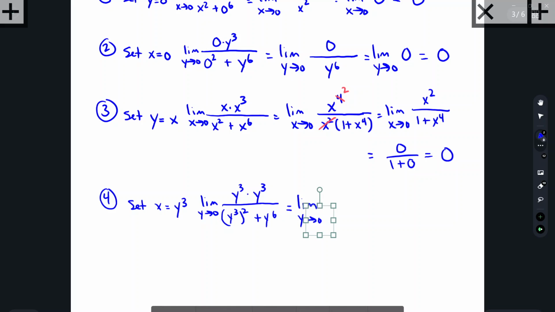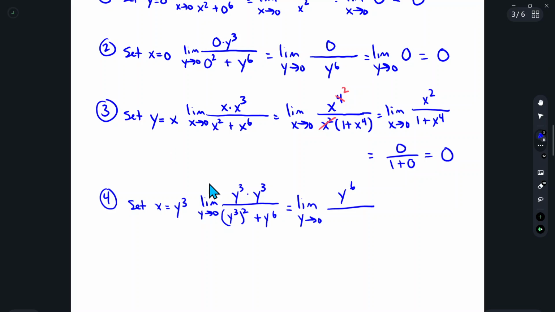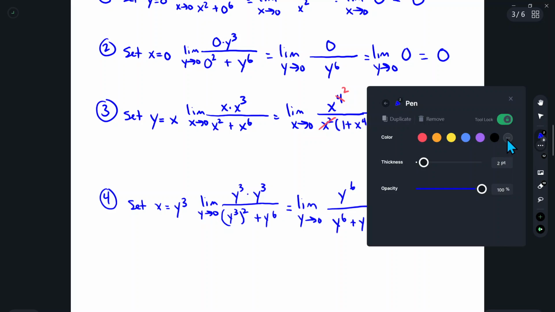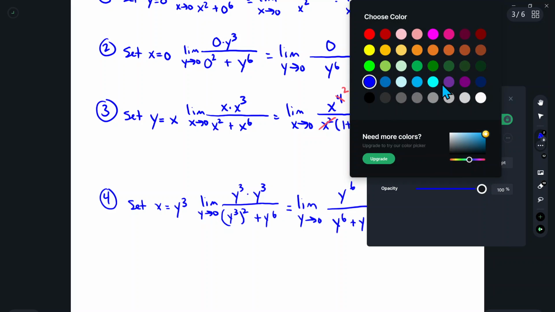So y cubed times y cubed is y to the 6th. Here you have a double exponent, so the rule is you multiply: 3 times 2 gives you 6. And y to the 6th plus y to the 6th, those are like terms, so that's 2y to the 6th. Now we have the same situation as in the previous example where we obtained a different value.